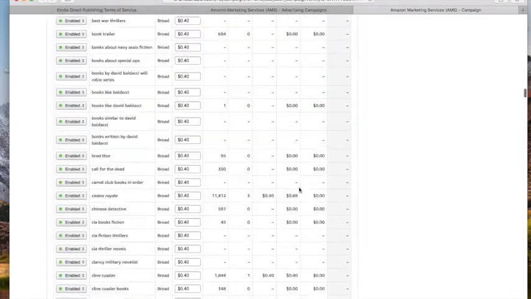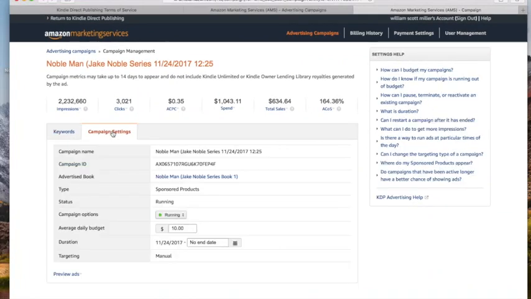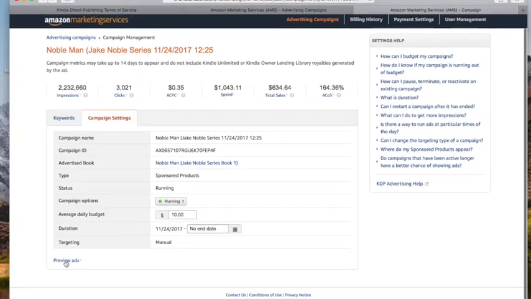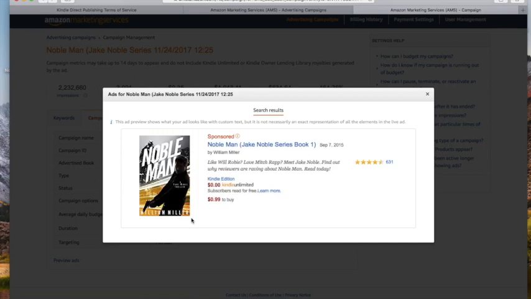Every once in a while, when you are looking at your campaigns, be sure to go in and preview the ads so you see which of your campaigns, which of your texts are performing well versus which of your texts are not performing well.